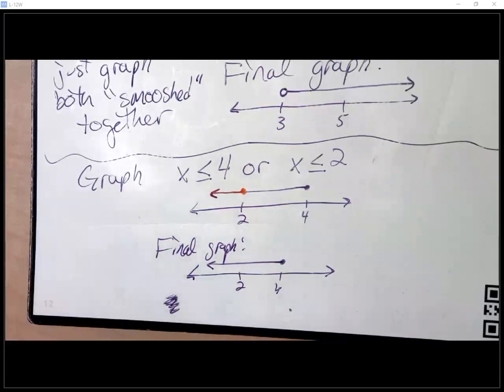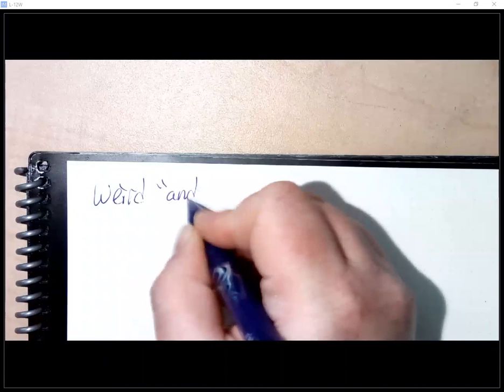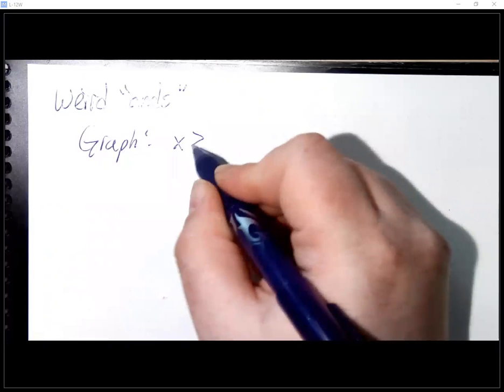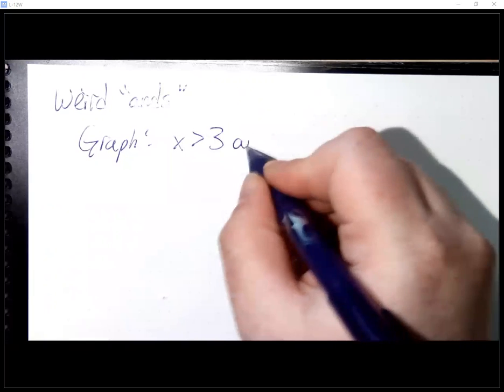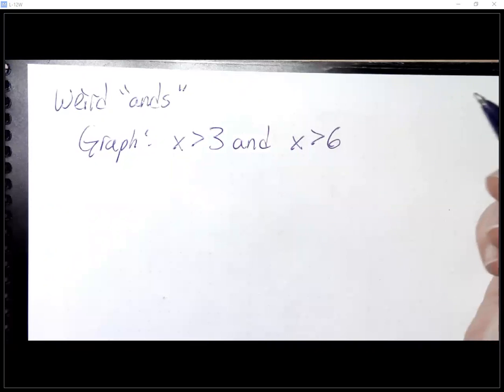All right, real quick, we don't have much left to do. So let's say you wanted to graph x is greater than 3 and x is greater than 6. So this is an AND.